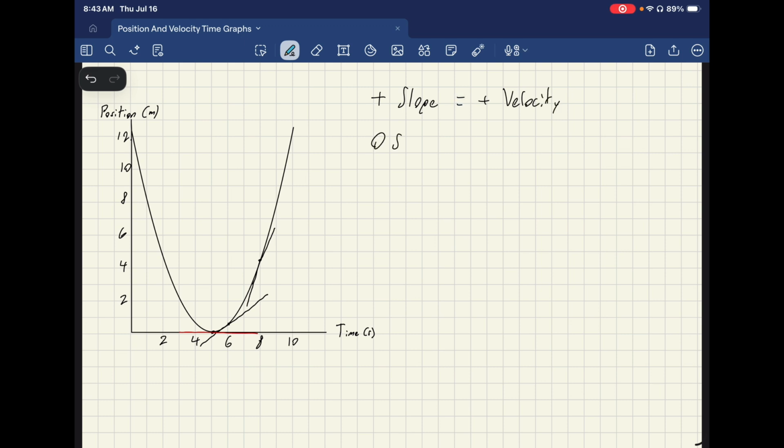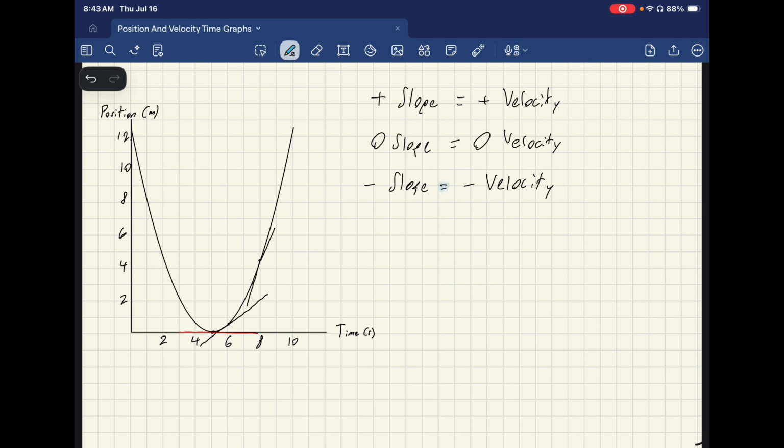Zero slope equals zero velocity. And then a negative slope equals negative velocity. And then the steeper the slope, the greater the velocity magnitude.